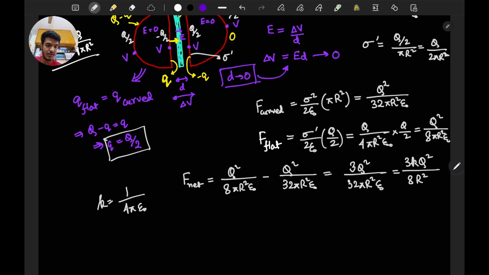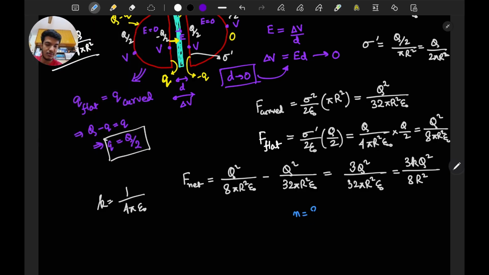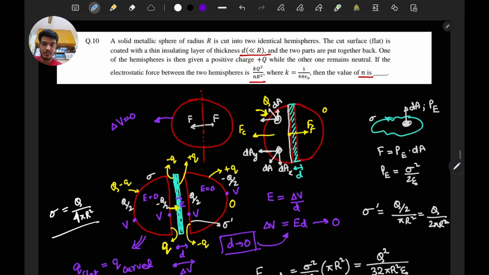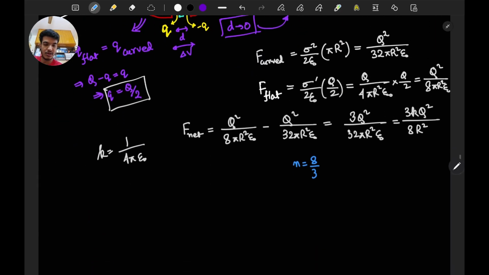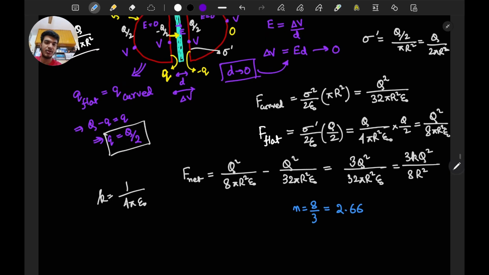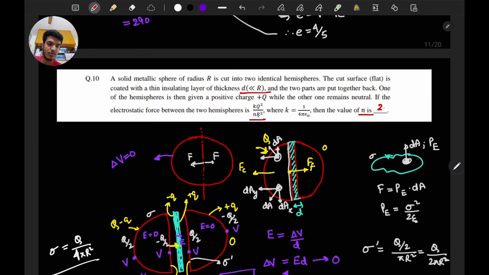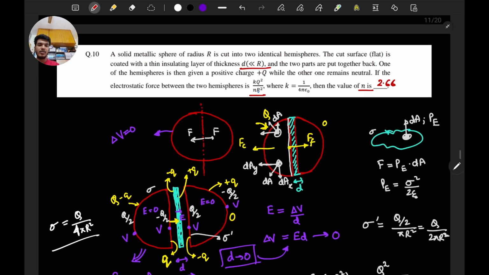Am I right? So n is basically equal to 8 by 3, because I had n at the bottom, which is basically equal to 2.66 or 2.67, whatever you like to give the answer as. So I would write 2.66 as the answer for this question.